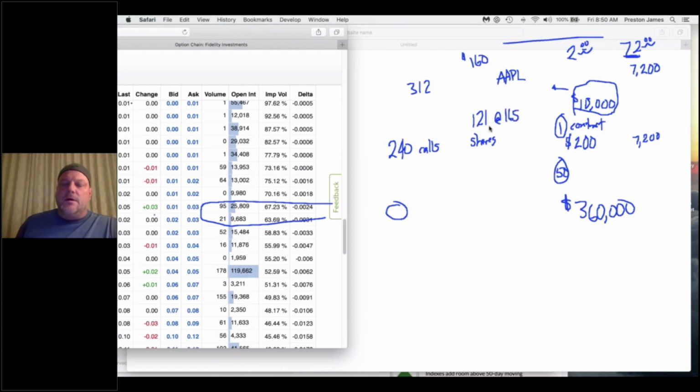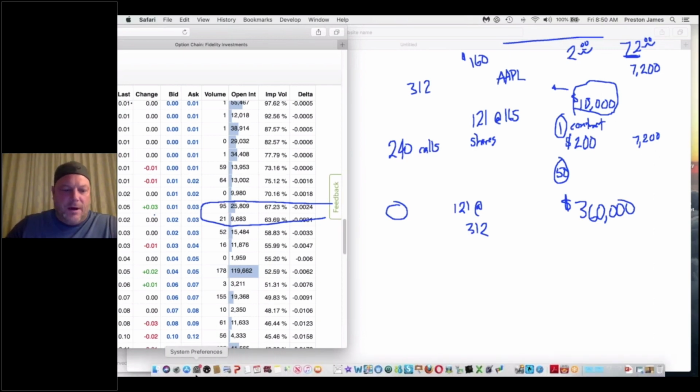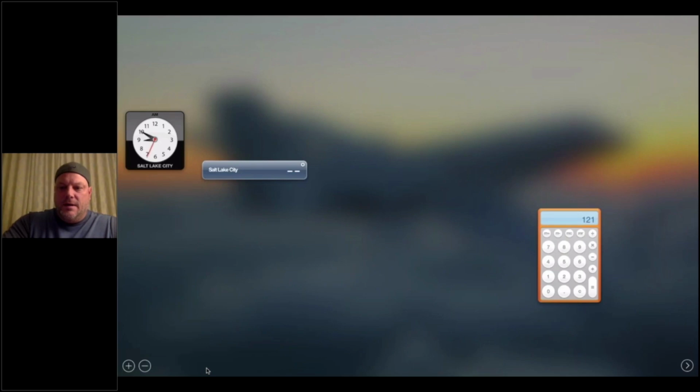You can really buy 60, but on margin, that'd be the aggressive way to do it. But 121 shares. Well, 121 shares at 312. If you don't mind me doing this, because I think it's 121 times 312.